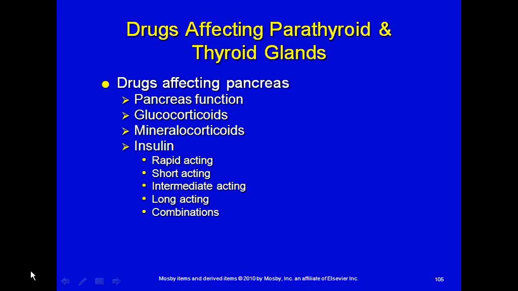The pancreas secretes insulin. Insulins come in a wide variety of forms. You can have rapid-acting insulins that work within 15 minutes. You can have short-acting insulins that work within 45 minutes, intermediate-acting, long-acting, or a combination of any. You can have insulins that work over a 24-hour period, so you get a nice steady control of insulin.